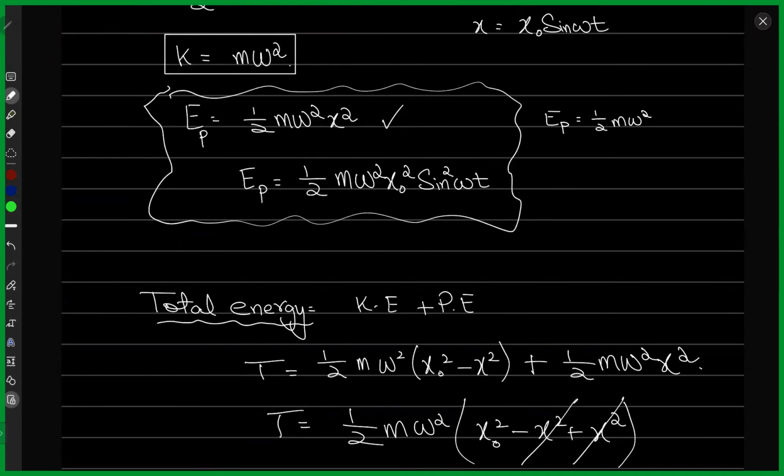It would be when the oscillator or the pendulum would be at its maximum displacement from the mean position, right? That's when it would have stored the maximum amount of potential energy. So that position is x naught. So I'll replace this x squared with x naught squared. So you see that this is the maximum potential energy, which is equal to the maximum kinetic energy, right? Which is equal to the total energy of the oscillator.